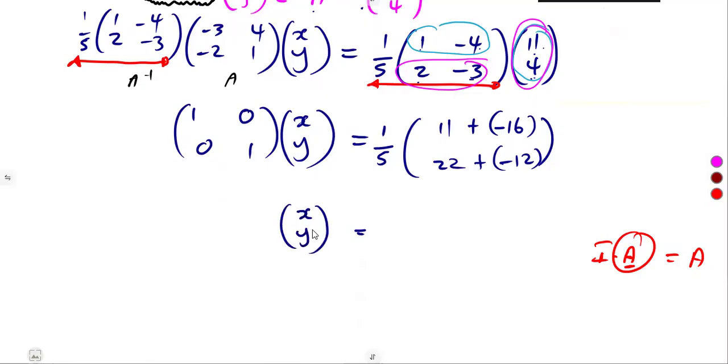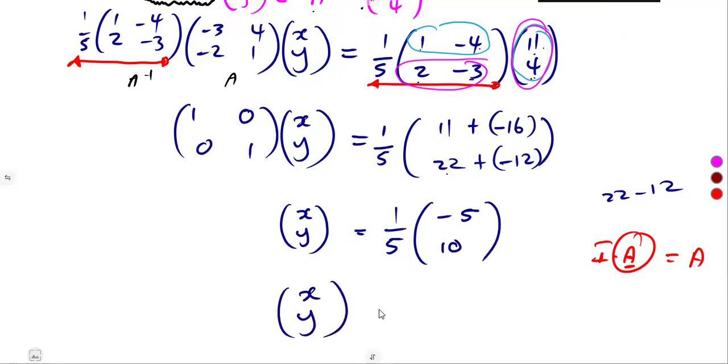So we are going to simply work out the right-hand side. 11 plus -16 is -5. Then 22 minus 12 gives us a 10 there. So that's it.